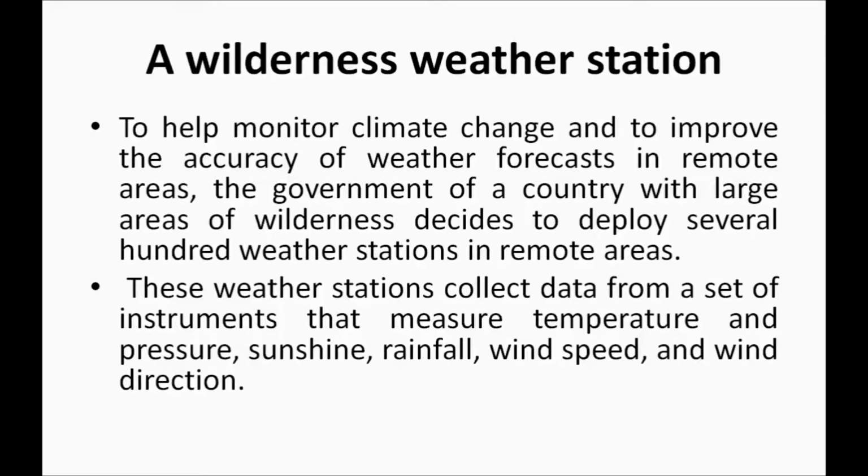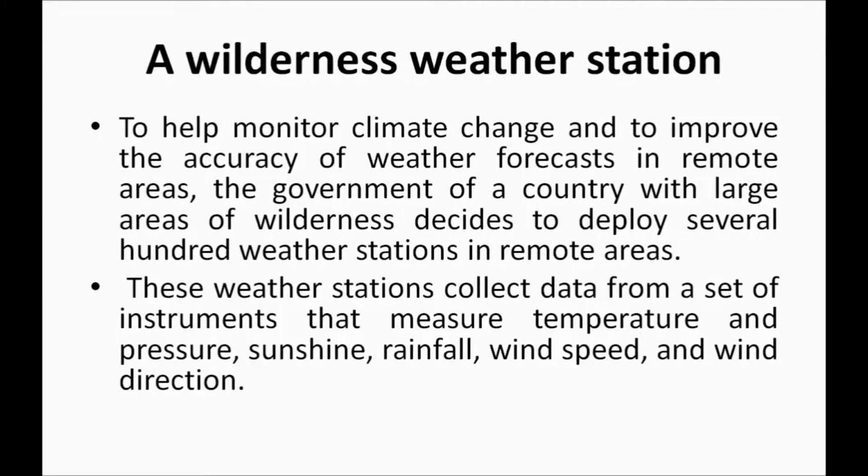That's why I need sensors: temperature sensors, wind sensors, rain sensors. So I need the sensors to monitor the climate change. Why do I have to monitor the climate change? To improve the accuracy of weather forecasts, to improve the accuracy of weather reports. Where? In remote areas.